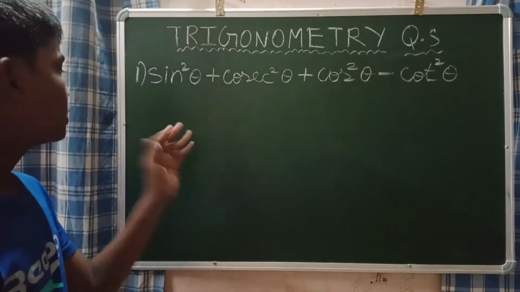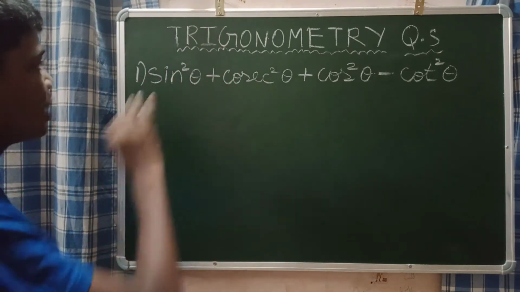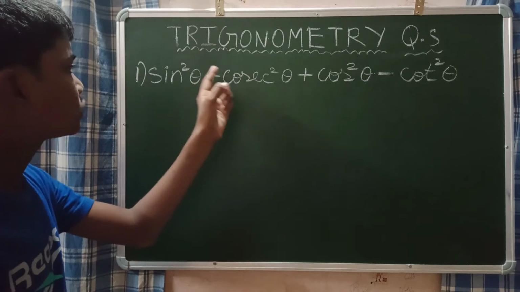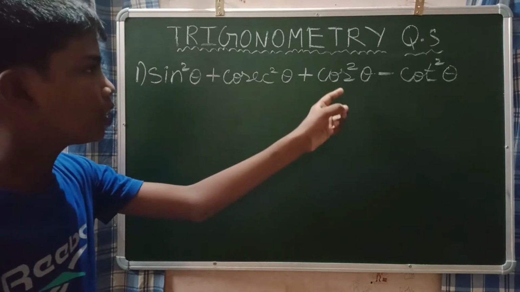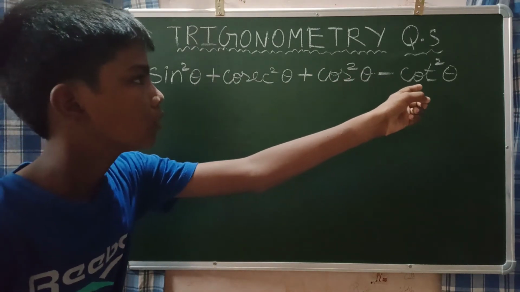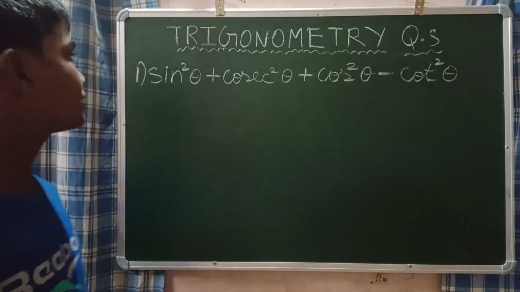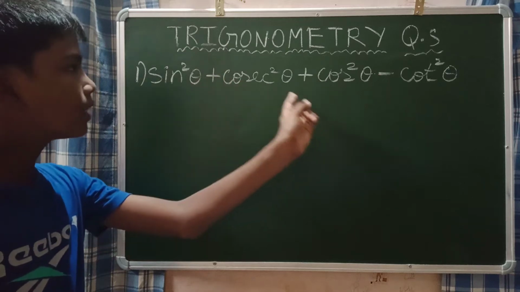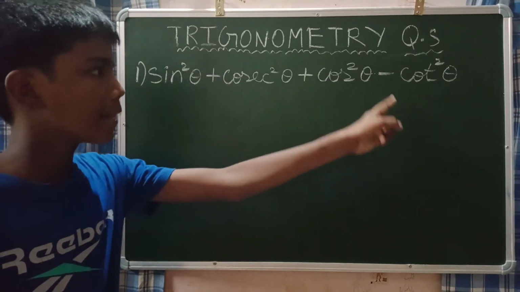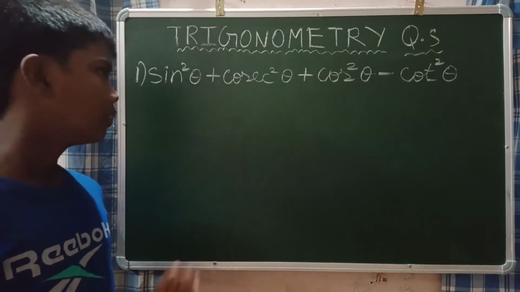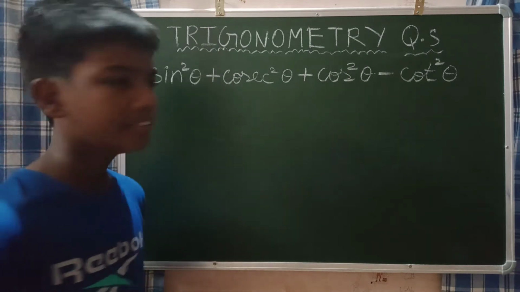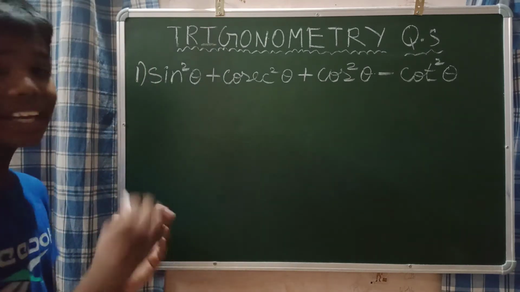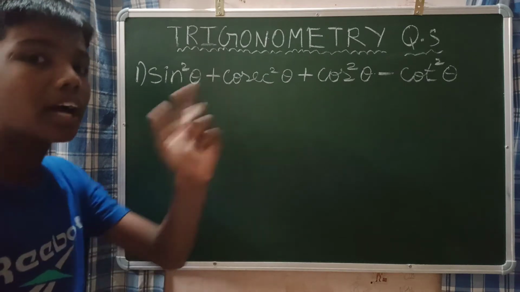Now the first question is, find the value of sin square theta plus cosecant square theta plus cos square theta minus cos square theta. That is, they are asking sin square theta plus cosecant square theta plus cos square theta minus cos square theta. Now what I am going to do is rearrange this expression into another form.